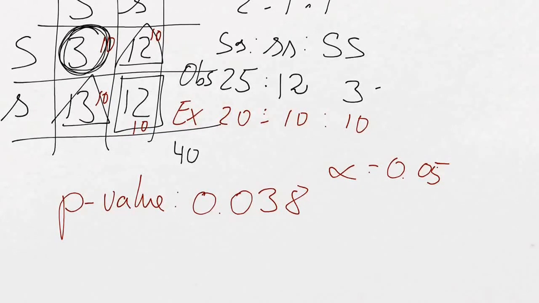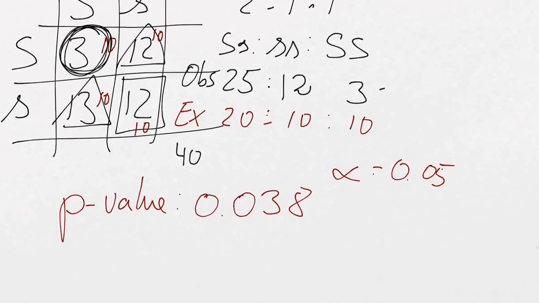P is low. H0 must go. It means the observed data and the expected data show a statistically significant difference. So, difference here.